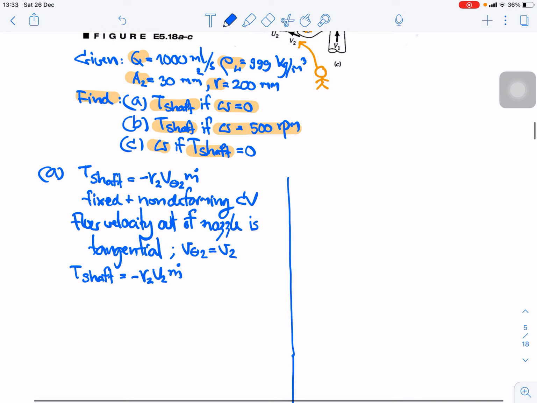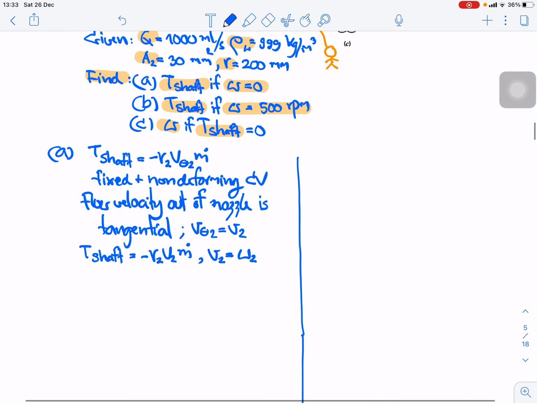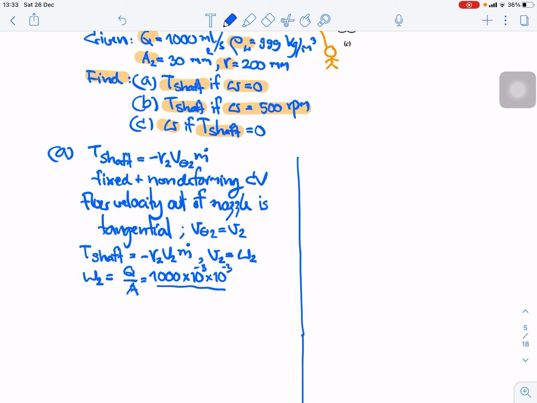In this case, we say that V2 is equal to W2. Next we want to find W2. W2 is equal to Q divided by area, converting to cubic meters and square meters for the nozzle.